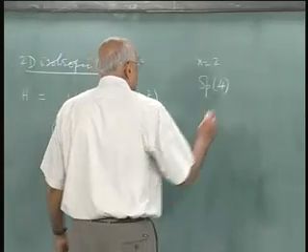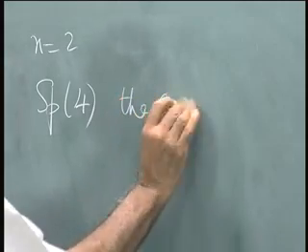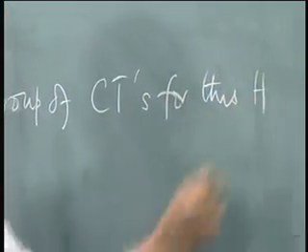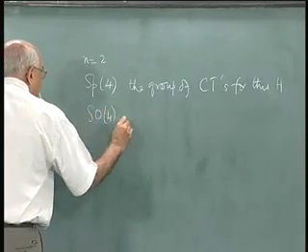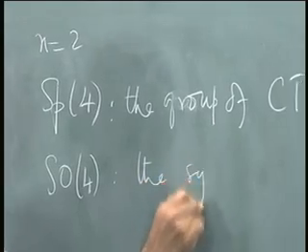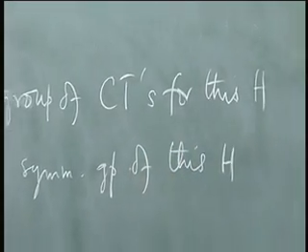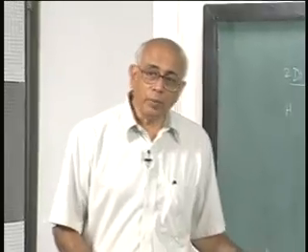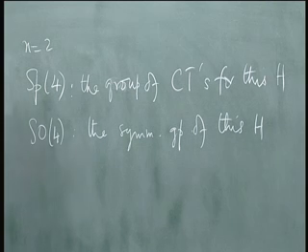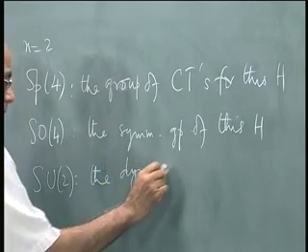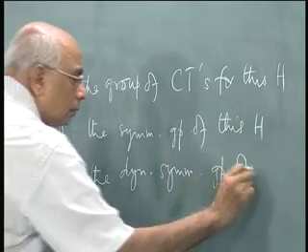So while SP4 is the group of CTs for this Hamiltonian, SO4 is the symmetry group of this Hamiltonian, and the dynamical symmetry group of this problem is the subgroup of the symplectic group, the group of canonical transformations which also leave the Hamiltonian unchanged, and that group I said was SU2, the dynamical symmetry of this Hamiltonian.